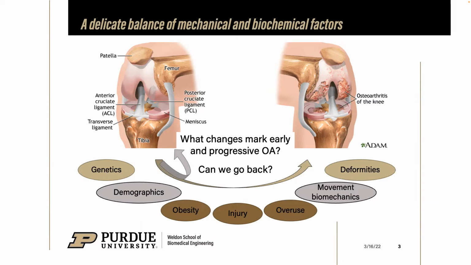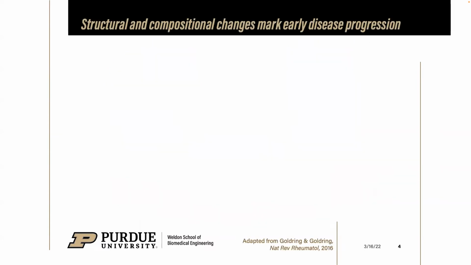And that's because at the very end stage of the disease, you have high degrees of joint stiffness, high degrees of patient pain when it comes to mobility, and at the end of the line, when it comes to OA, you end up having patients that need to have their joints replaced, right? And so there's a host of other issues that occur, and nobody wants a major surgery. And so we want to be able to treat it at an early stage, and that means we want to be able to detect it at an early stage.